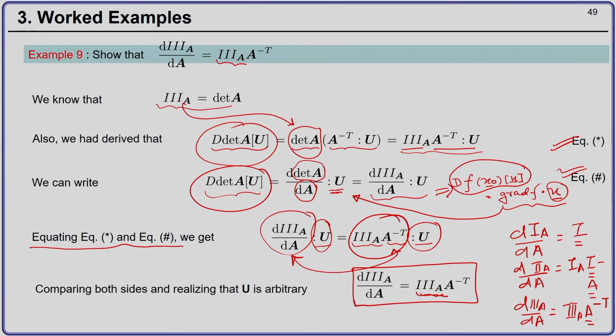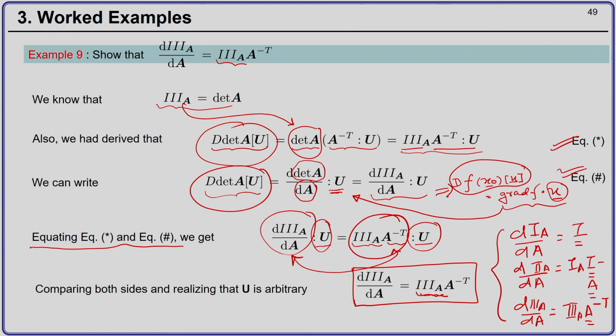So, these 3 expressions should be very clear to you, because we are going to use these expressions very often in our later discussions when we are developing the constitutive relations for hyperelastic material, which means the relation between stress and strain.